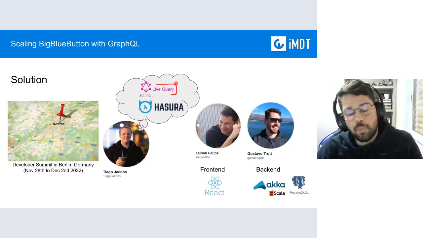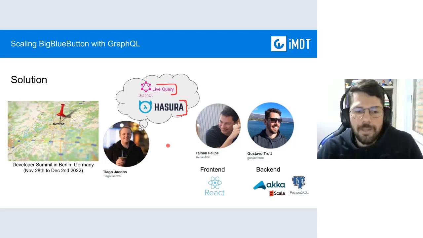But one problem is that we don't have a GraphQL server. So Tiago found this platform called Hasura. And this platform makes it possible to have a GraphQL server in just a few days. So it was exactly what we needed. We could really quickly create the server, and Hasura is designed for this kind of scenario. So it was perfect for us.